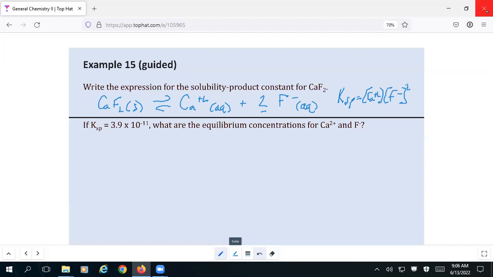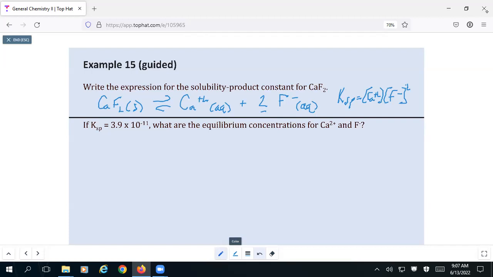The little detail things that we haven't had to worry about with buffers, because buffers are always 1-to-1, we have to bring back here in KSP. And it's been a while, because with Ka, Kb, and buffers, everything was 1-to-1. So we've got to go back to our earliest concepts of equilibrium.